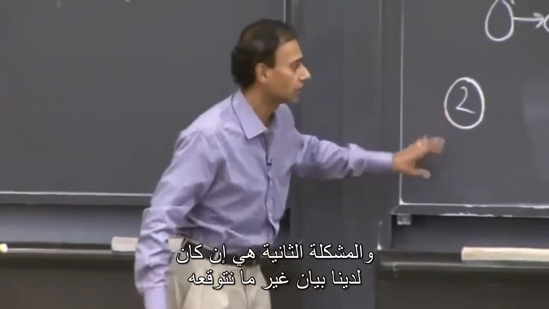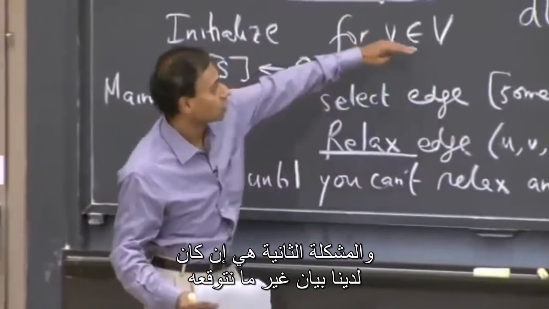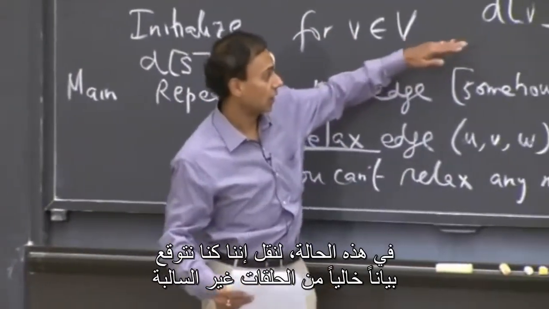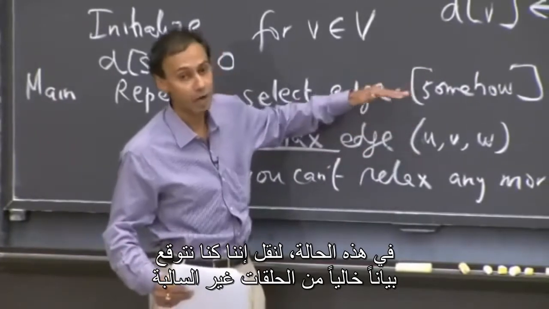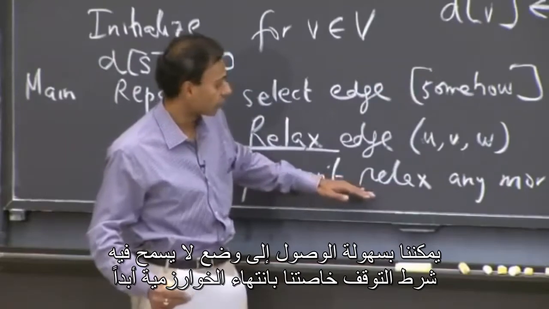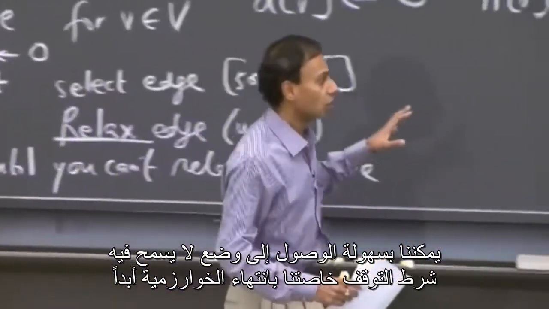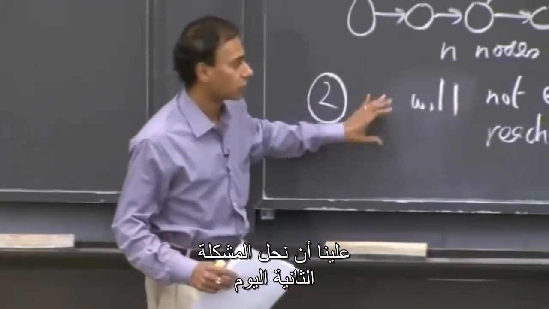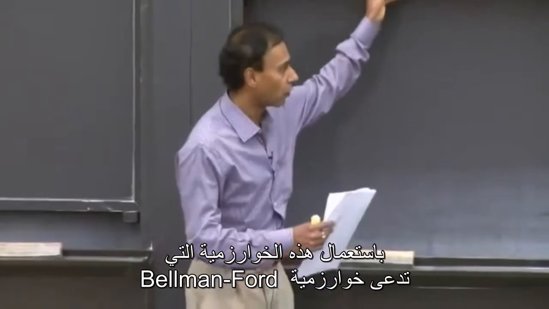And problem number two is, if you have a graph that isn't what you expect, in this case, let's say you expected a graph with no negative cycles or maybe not even negative edges in it, you could easily get into a situation where your termination condition is such that your algorithm never completes. So we need to fix problem number two today using this algorithm called Bellman Ford.